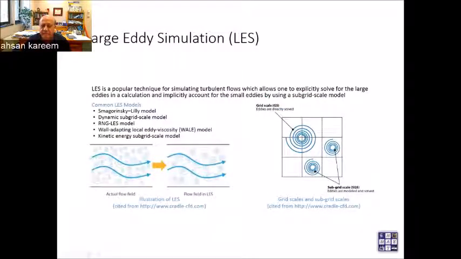Large eddy simulation, as I said before, here is the flow, you resolve the larger ones, and for the smaller ones, you say, I'm going to use a model. And there are many models. These are just a very few. And the accuracy of this depends very much on these models, because the big eddies, you have already resolved them computationally, so there's no issue. But the ones which are smaller, they are the ones which cause more difficulty.